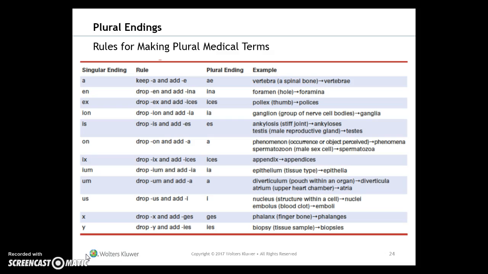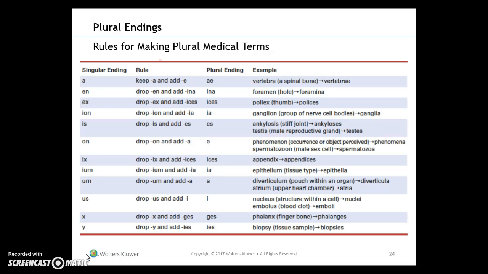Examples are, as we talked about, vertebra, a spinal bone, or vertebrae; foramen, a hole, or foramina; pollex, a thumb, or pollices; ganglion or ganglia; ankylosis or ankyloses; testis or testes; phenomenon or phenomena; spermatozoon or spermatozoa; appendix or appendices; epithelium or epithelia; diverticulum or diverticula; atrium or atria; nucleus or nuclei; embolus or emboli; phalanx and phalanges; and biopsy or biopsies.